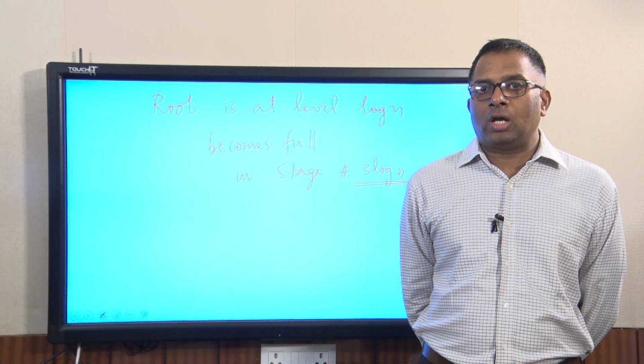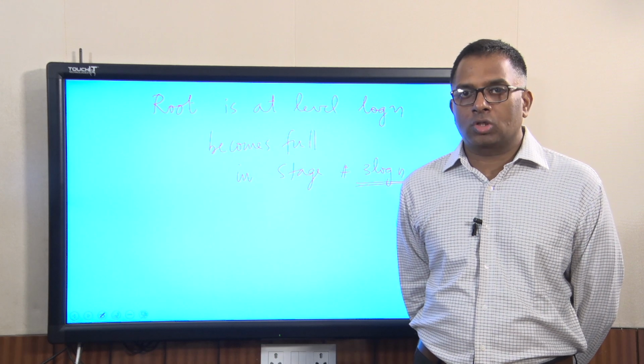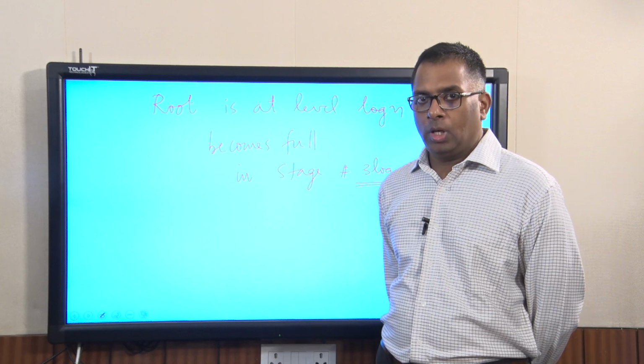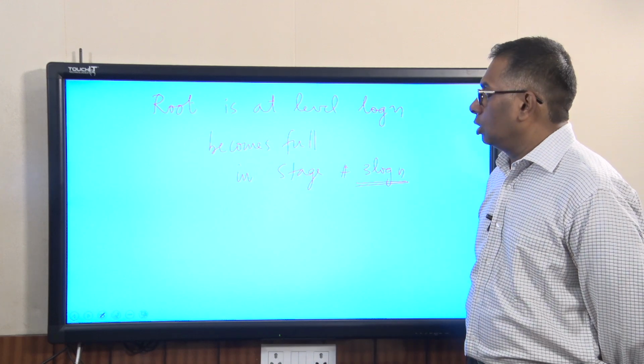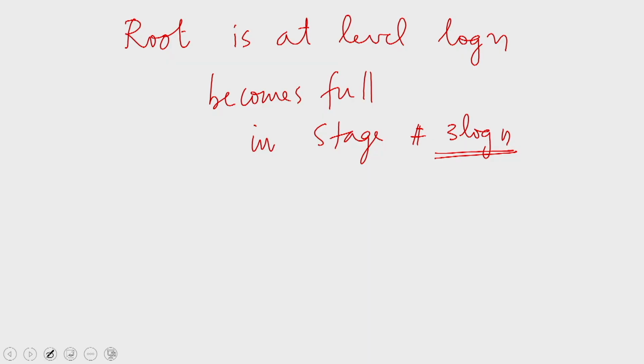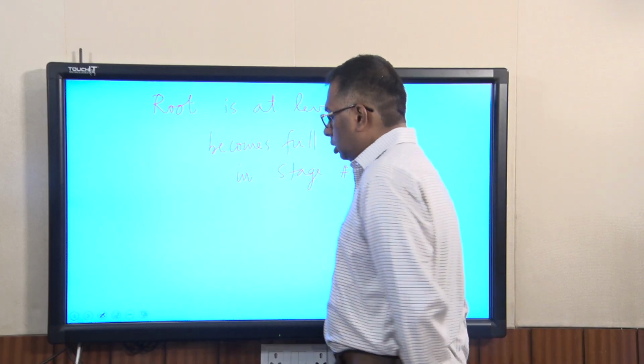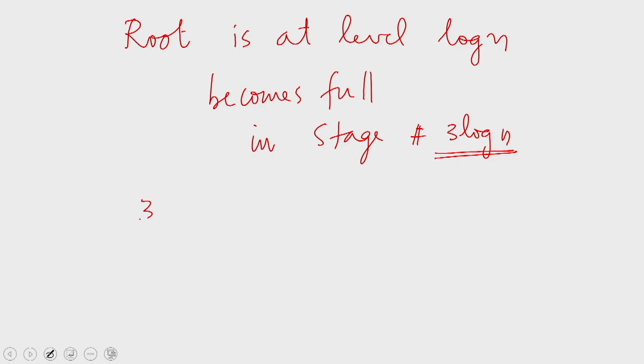In other words, the cache of the root will contain all the input elements in sorted order. So, at this point, all we have to do is to output the cache of the root, which means sorting will be accomplished in 3 log n stages.